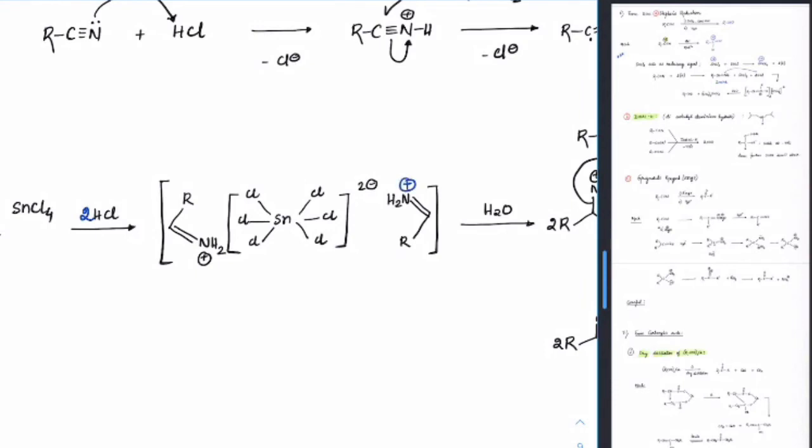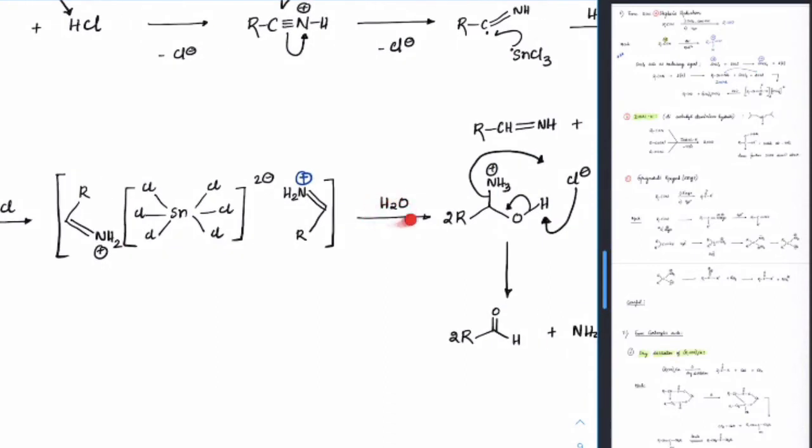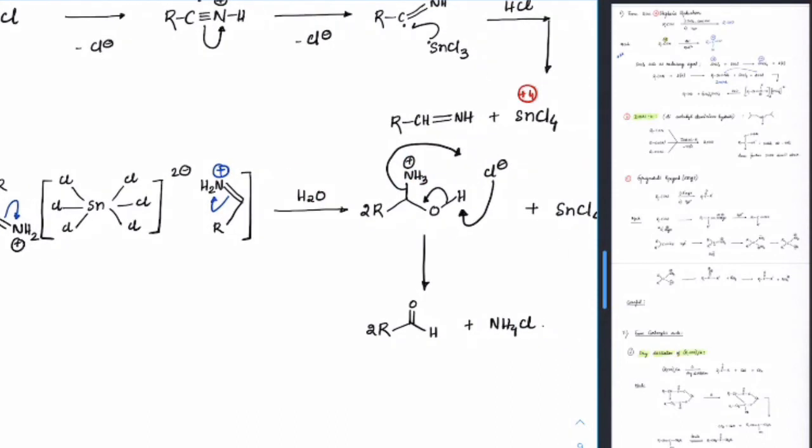So that's how this complex is forming, which on hydrolysis, this part will take away electrons first, and those lone pairs will take away H+ from water here and become NH3. Got it?